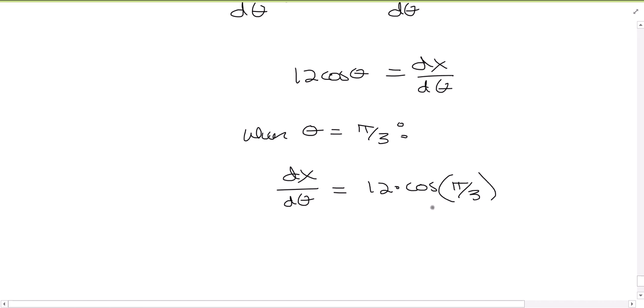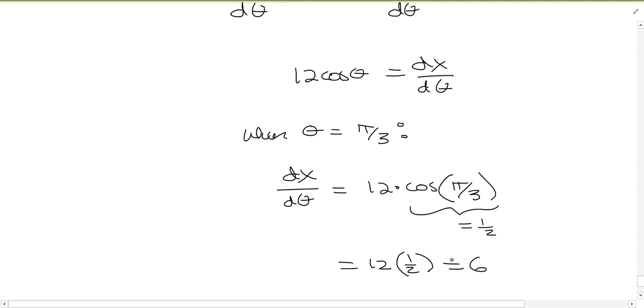And so what's cosine of pi over 3? Look up your unit circle or the little chart that I have shared with you, or draw a triangle, but cosine of pi over 3 is 1/2. So then the rate of change of X with respect to theta is 12 times 1/2, which is 6.